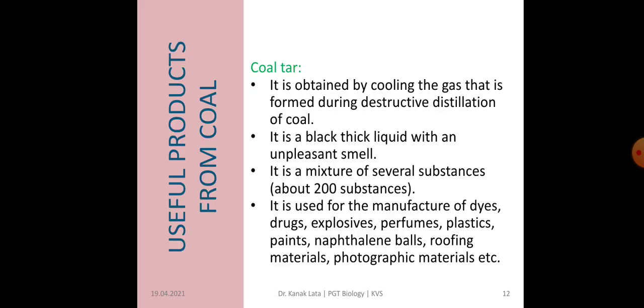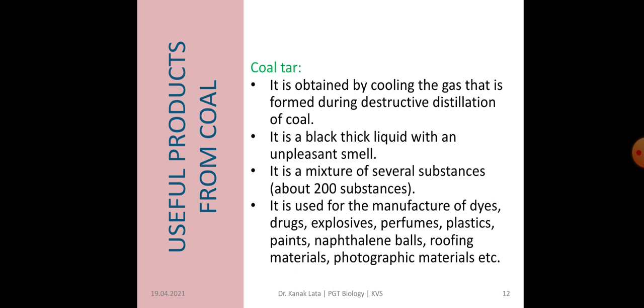Now the next product which is obtained from coal is coal tar. It is obtained by cooling the gas that is formed during the destructive distillation of coal. So whenever the gas is cooled, then it will form the coal tar. It is a black thick liquid with an unpleasant smell. The smell is not good. And this coal tar consists of several substances.